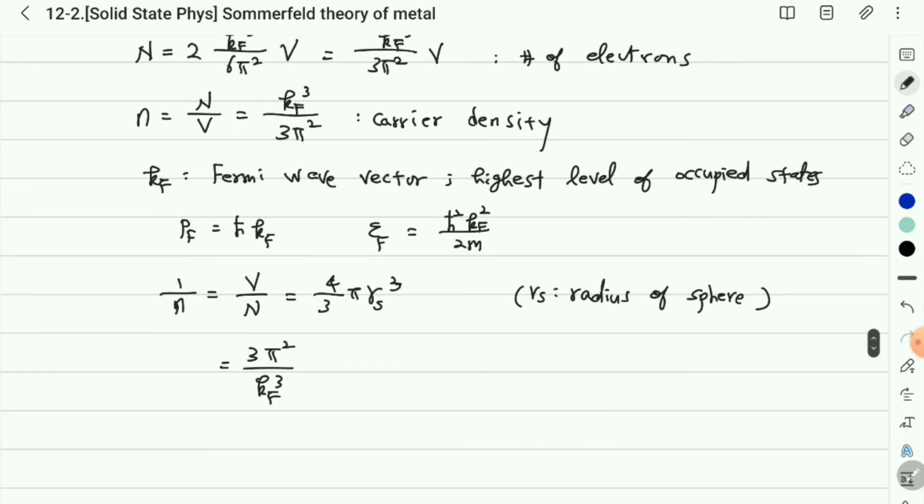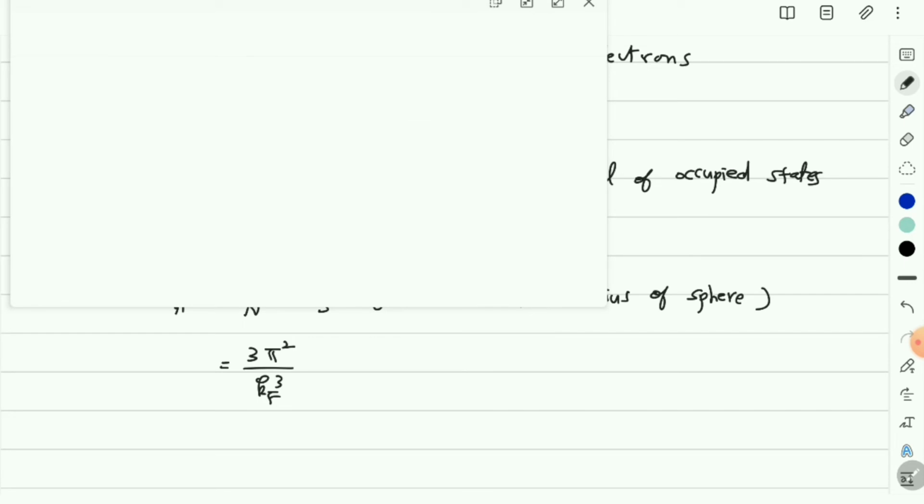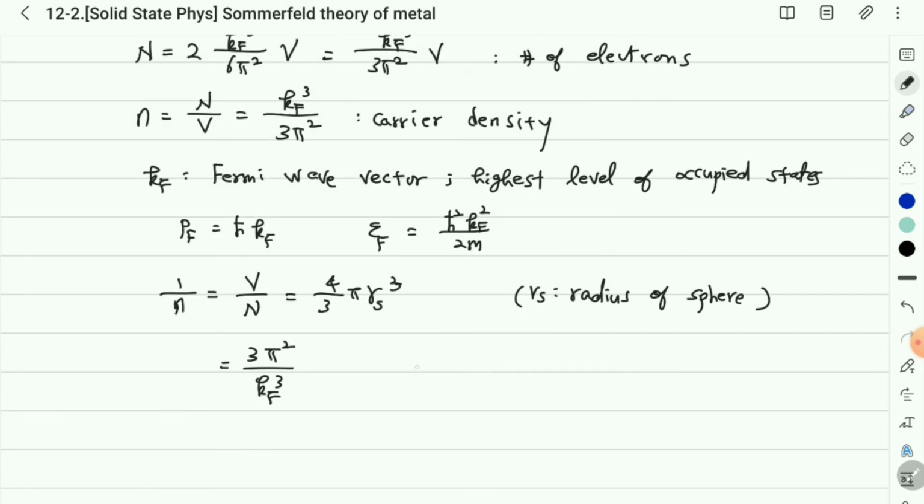Therefore, we can make a relationship between the momentum space and the real space, and kf is 1 over Rs times (9 pi over 4) to the 1/3. When you calculate, it is 1.92 over Rs.